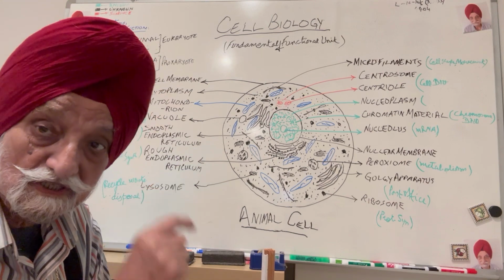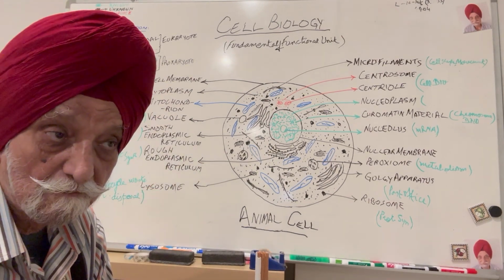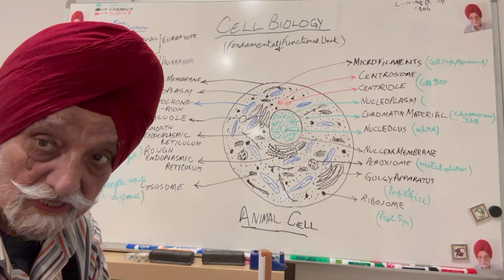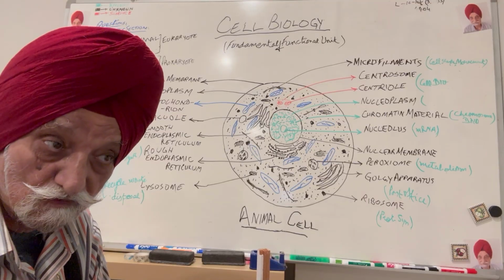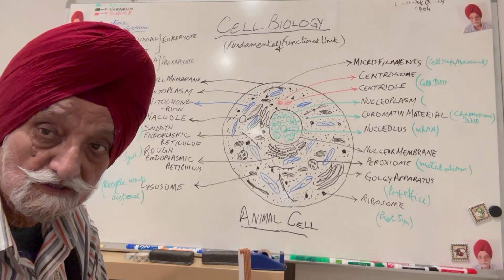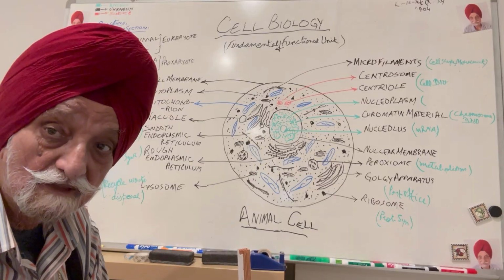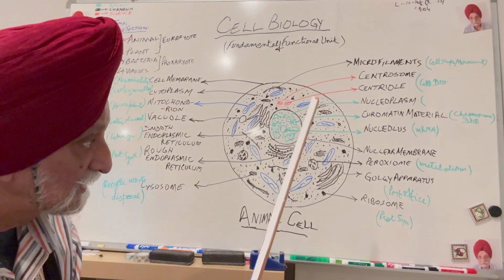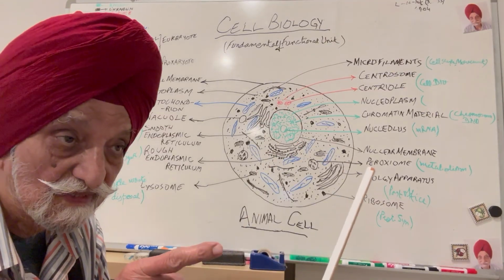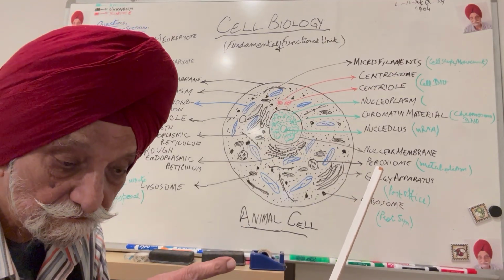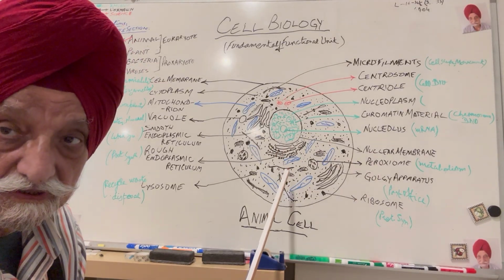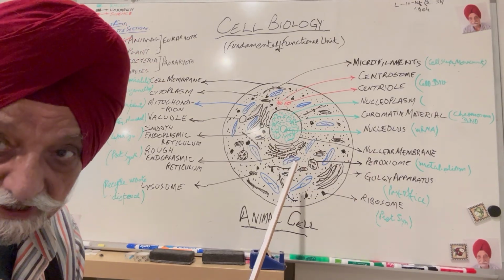The proteins that have been digested in the alimentary canal are absorbed into the blood in the form of amino acids, and that blood comes to all parts of the body. Actually, the amino acids do not come directly into the cytoplasm.